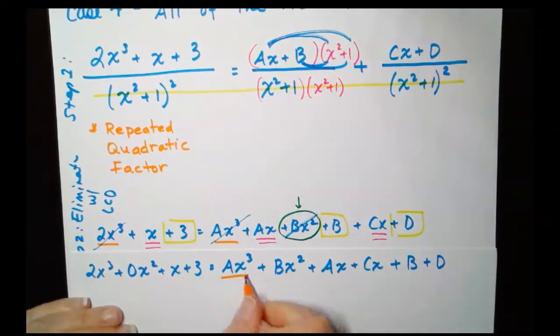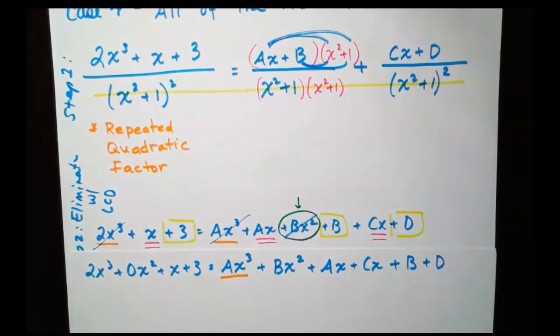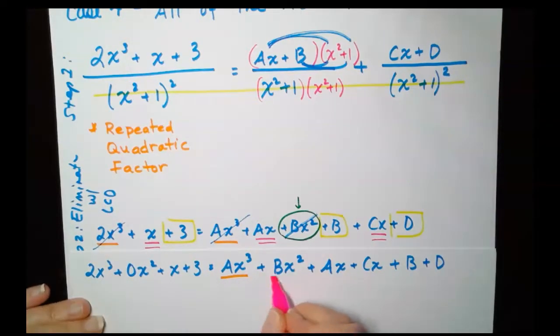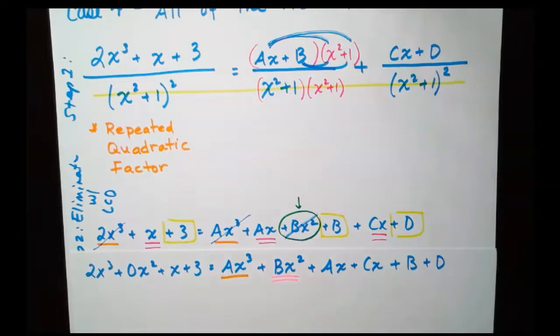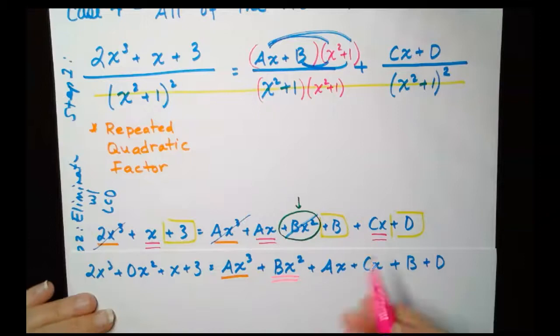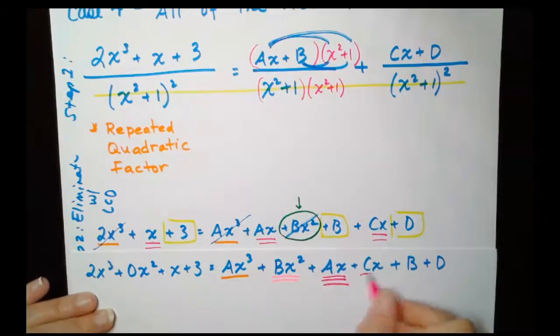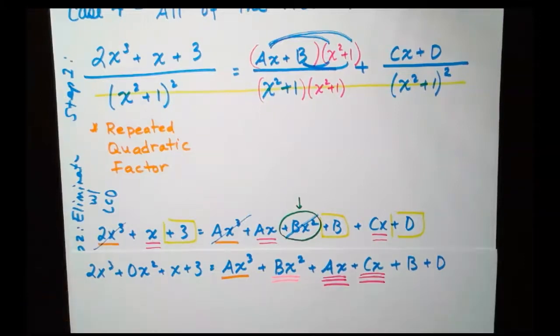So there's our cubic term. Here is our squared term. Here is our x term. And then we have our constants. I'll put them in yellow. So now let's factor. I think that's the best thing to do next.